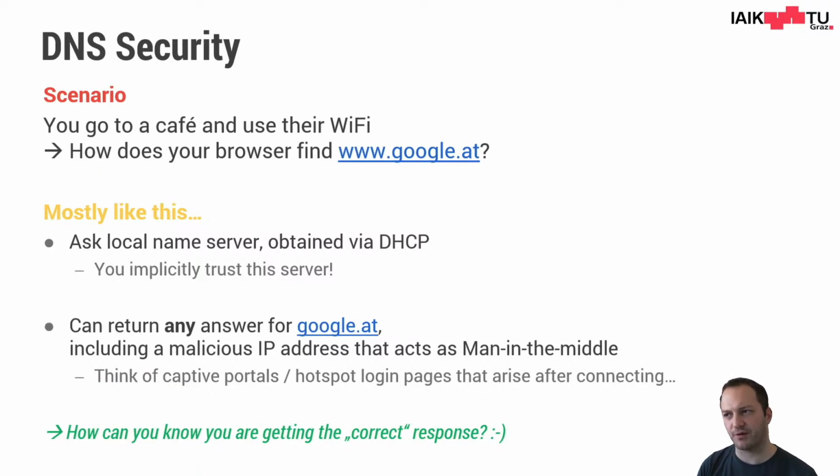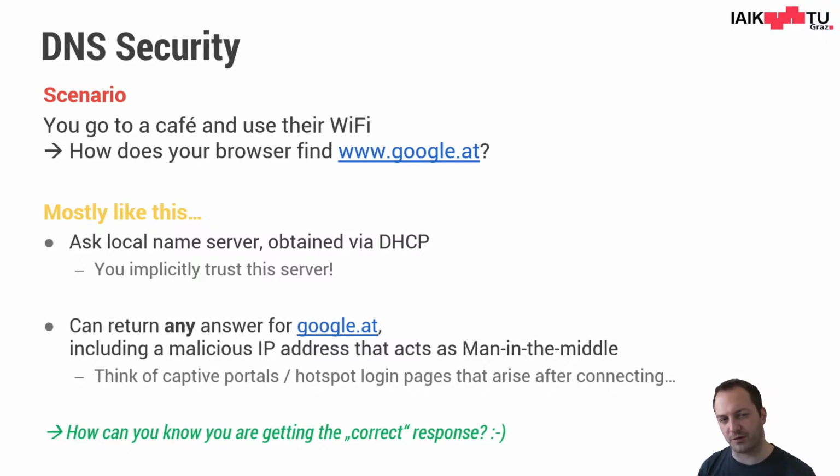What can also happen is that you go to, for example, a restaurant or cafe, and the problem is that you at some point will need a server that resolves domain names to IP addresses. And usually, in most settings, you take the DNS servers you learned via DHCP. So let's say you go to a cafe.